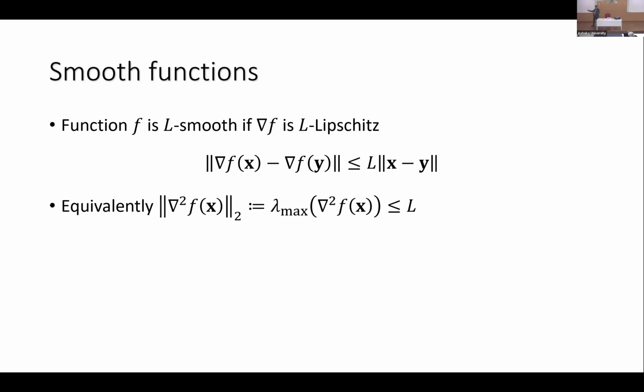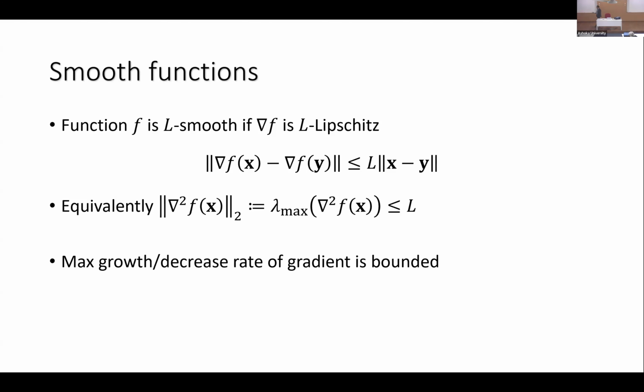For a vector, the Hessian is a matrix. So the maximum growth or decrease rate of the gradient is bounded. This is the class of functions that we can look at. This is one possible class. You could similarly think of other classes, but this is one possible class we can look at. So let me show you the analysis for this class, just to give you an idea.